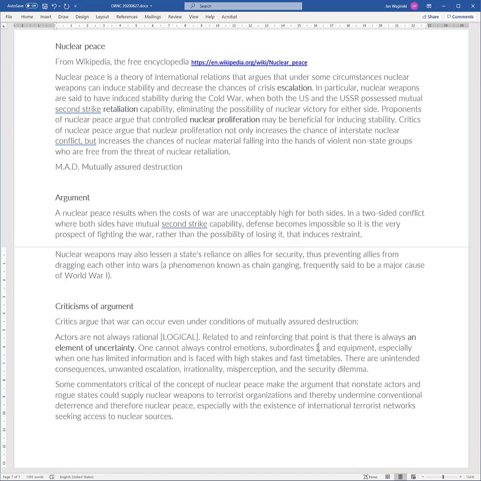Lower level employees. Sub means under, right, like submarine, subway. So subordinates are people who work for you, and you can't always control the people who work for you. Or at a national level, the government doesn't always have full control over some of its military personnel, right? Like you hear about corrupt generals, for example, selling weapons or escaping with weapons, stealing them.